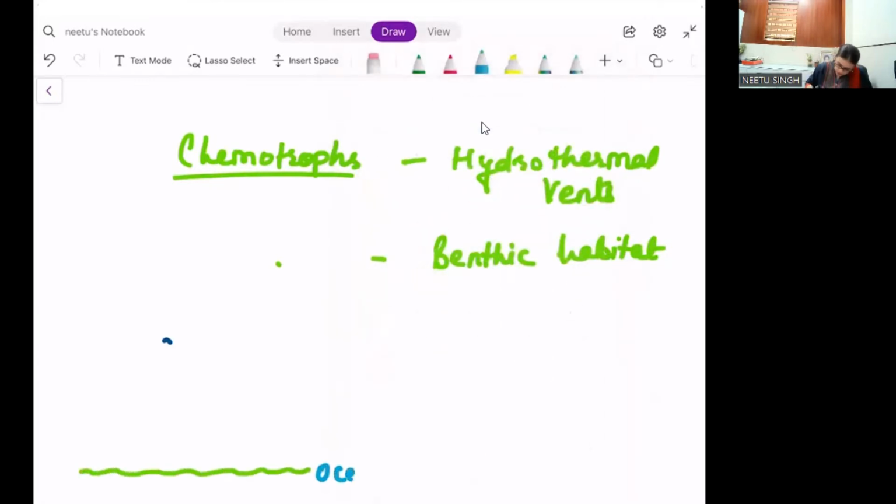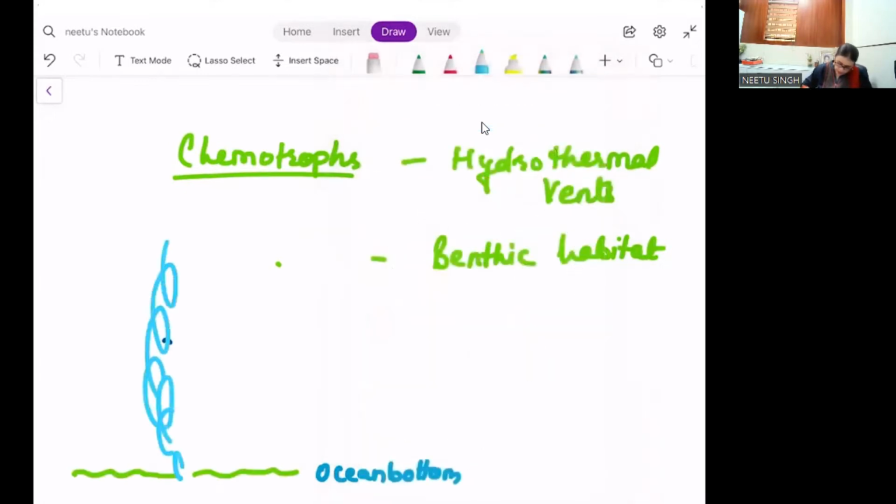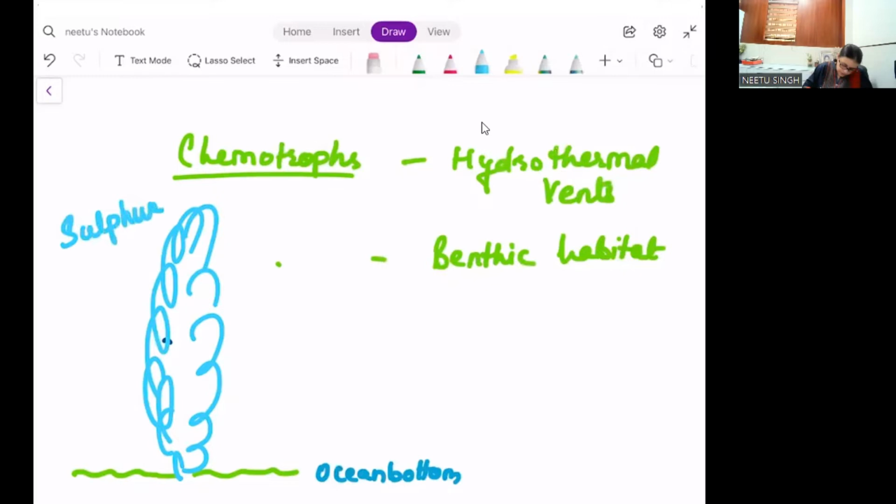This is the ocean bottom, this is the vent. From this vent you have continuous emission of sulfur rich hot water, and when I'm saying hot water, it can have a temperature of more than 150 degrees Celsius.